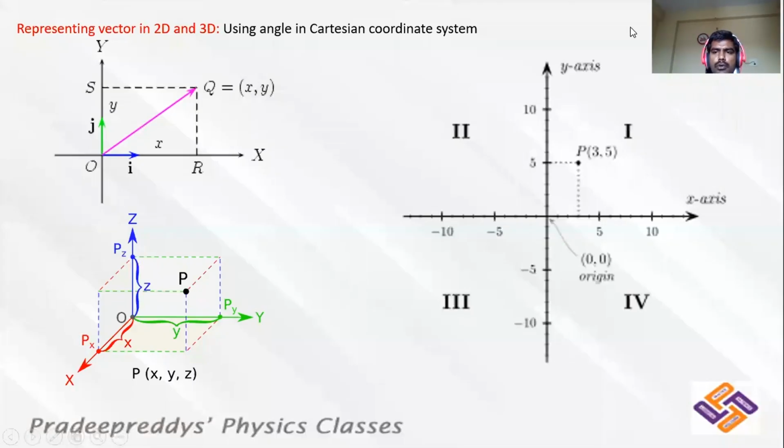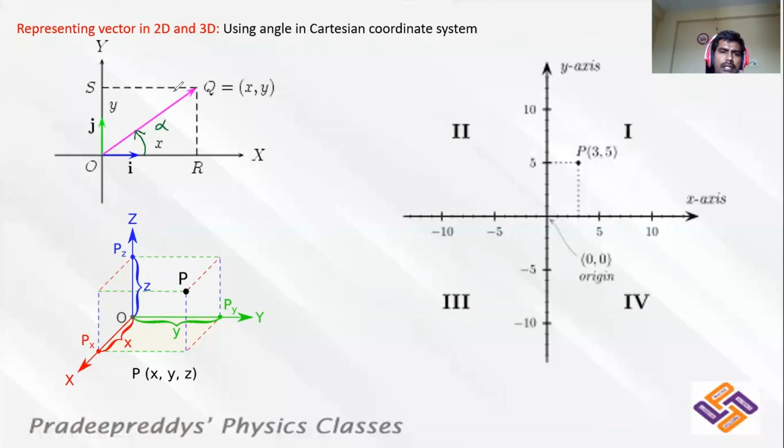As I already told you, when we are dealing with a vector quantity, definitely it should be mentioned its angle. And the angle in the Cartesian coordinate system can be mentioned with respect to the x-axis in anti-clockwise direction for a given vector. Now, any given vector, if it is in the Cartesian coordinate system, it makes some angle with respect to x-axis. That angle, you can consider it as alpha.